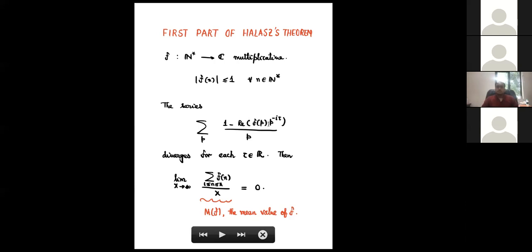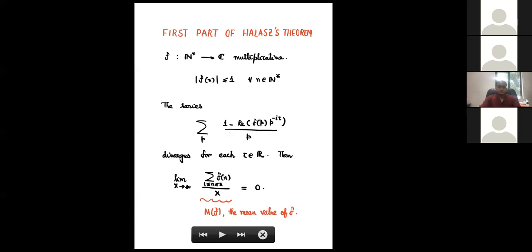If this has too many ones, then this will cancel out and the series will converge. So this divergence happens when f(p) is not close to p to the i tau. So if it's not close to p to the i tau as a function, then you would expect this series to diverge.